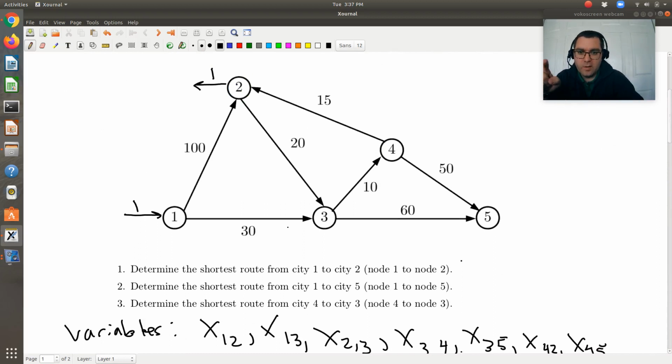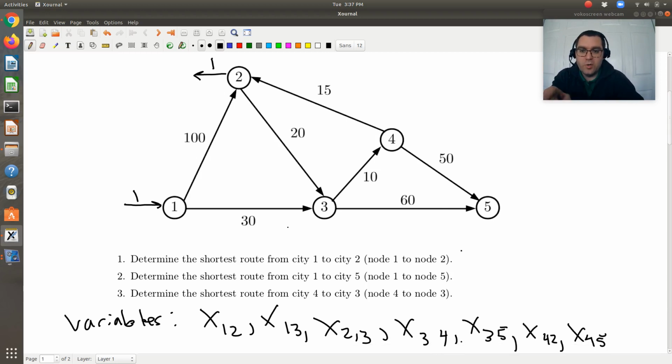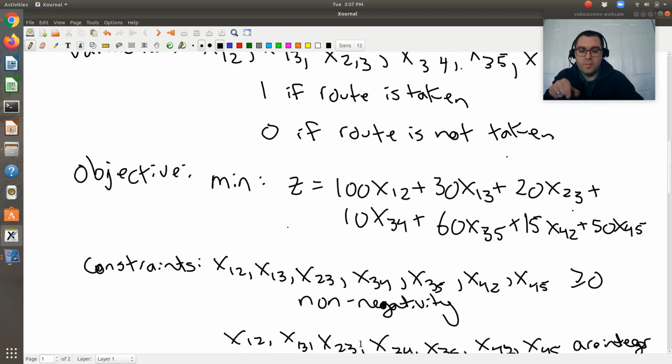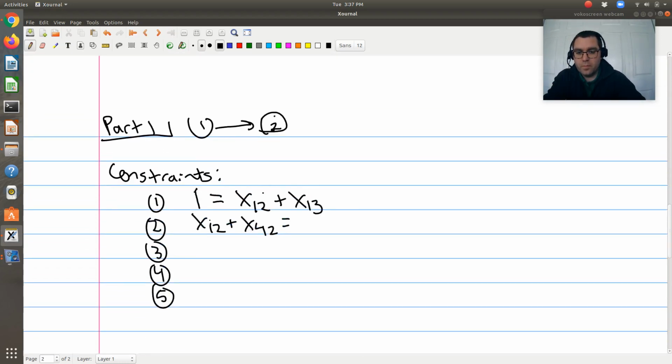What's going out is going to be x23. And then also I'm going to add 1, because I have that 1 unit exiting at my destination. So x12 plus x42 will be equal to x23 plus 1. There's my node balance.